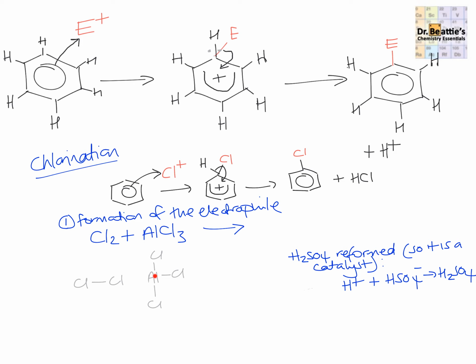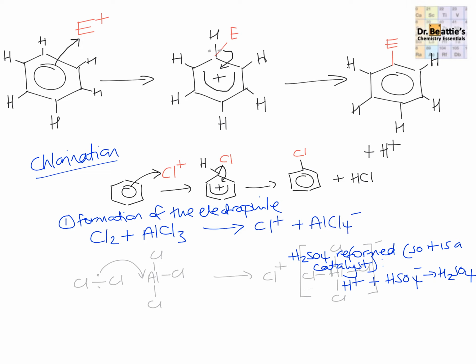So this aluminium wants electrons, and there's electrons contained in this covalent bond. So what happens is we break this bond, and these electrons move to here, forming a new bond between this chlorine and the aluminium, as shown here. And you can see that this chlorine now doesn't have enough electrons around it, and so that forms a positive chlorine, which is our electrophile.